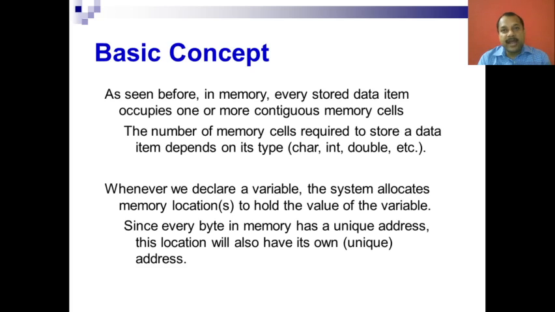Another is how to interpret the bytes. For example, character data type is of 1 byte, and how it will be interpreted, that information is also known. If it is integer, then 4 bytes are required. If it is a floating point number, then also 4 bytes are required. But the way those 4 bytes will be interpreted is different in integer and in floating point number.